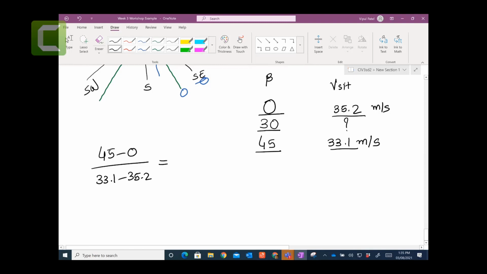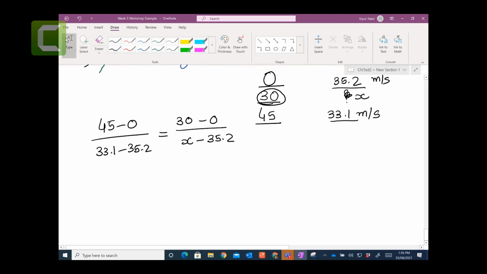35.2 is equal to this 30 take away 0 over, let's put this x here that we need to find, x take away 35.2. So x minus 35.2 equals 30 times 33.1 take away 35.2 divided by 45, you get minus 1.4, plus 35.2, you get 33.8.